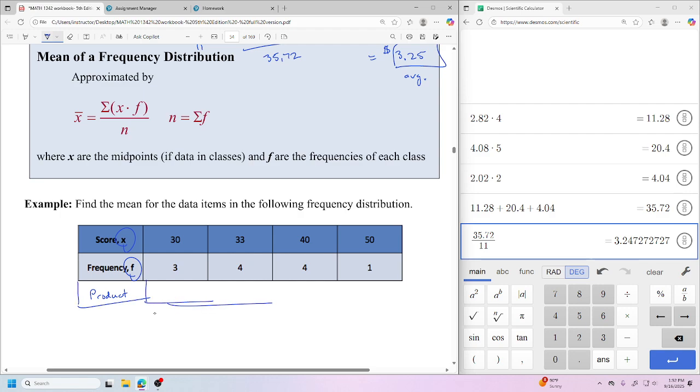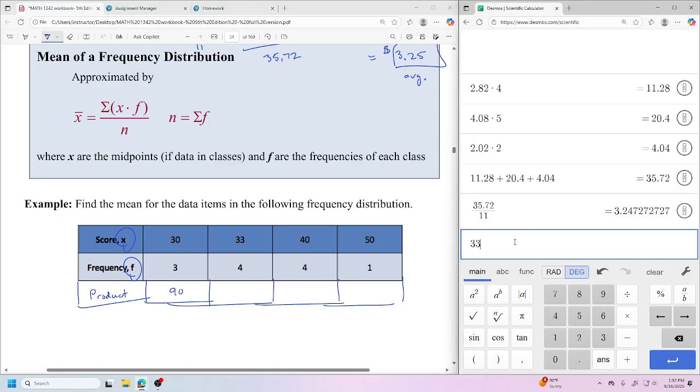We're just going to multiply them straight down. I want y'all's help a little bit. 30 times 3? 90. 33 times 4? Is it 132 or something? Yeah, that sounds about right. 4 times 4 is 16. So that would be 160. And then finally, 50.